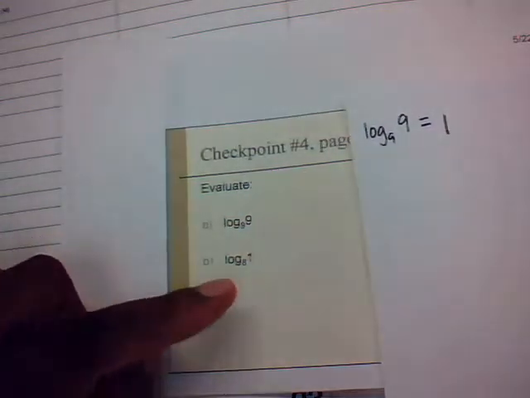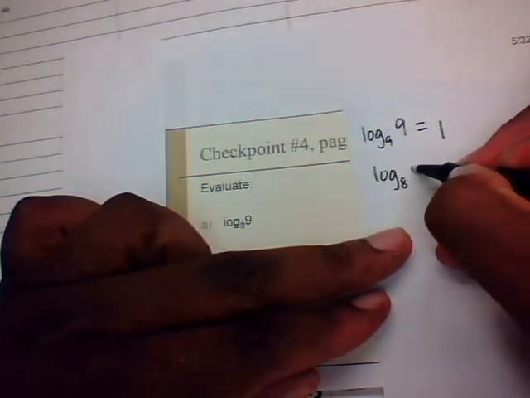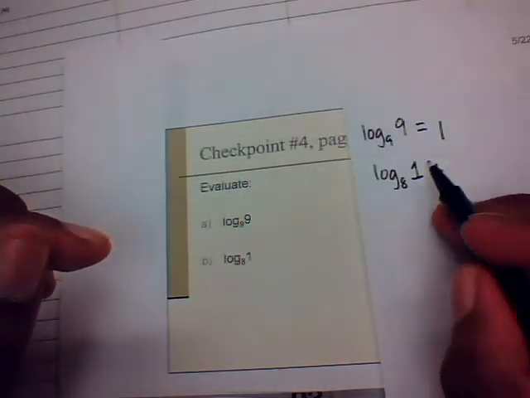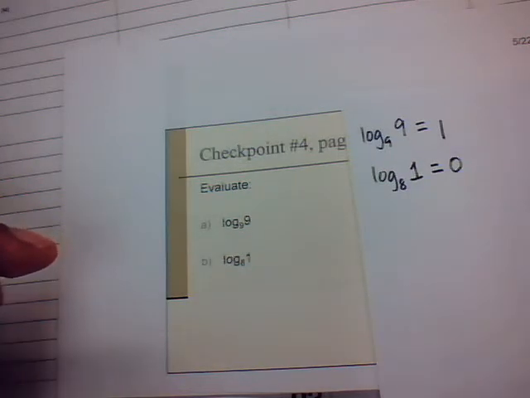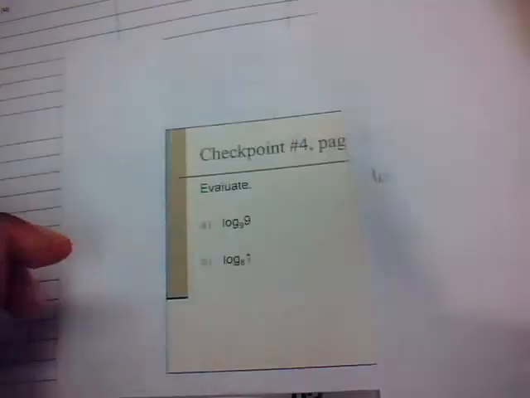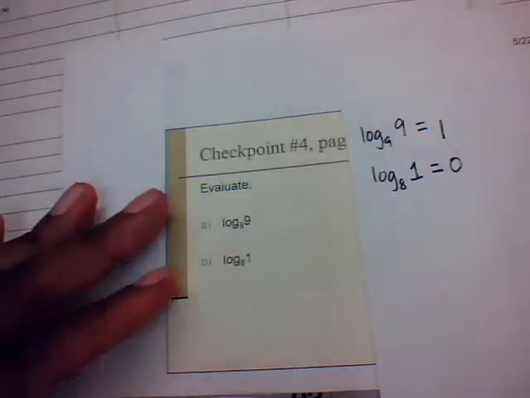And then part B, log to the base 8 of 1. Well, 8 to what power would give you 1? There's only one number for that. That would be 0. So here I'm just applying these two properties that involve 1.